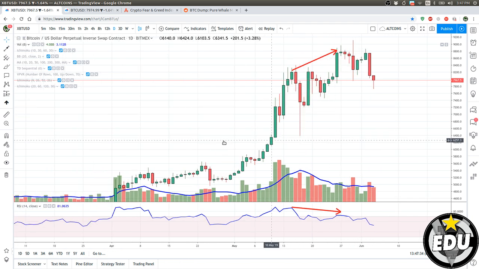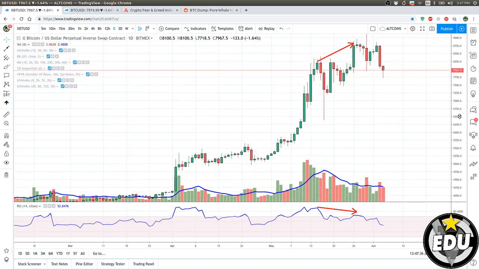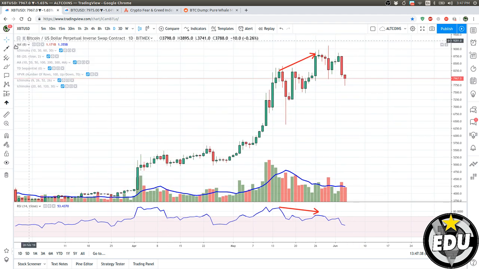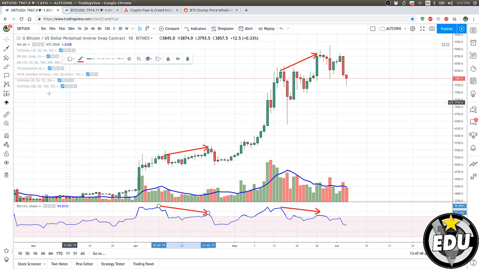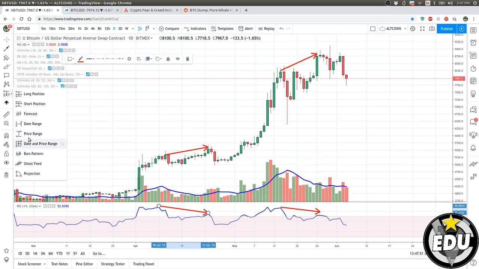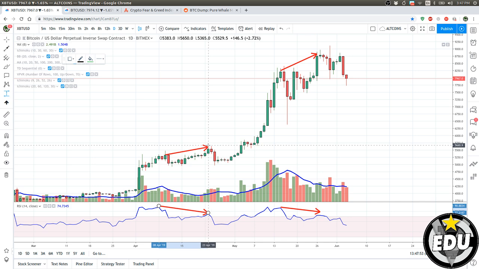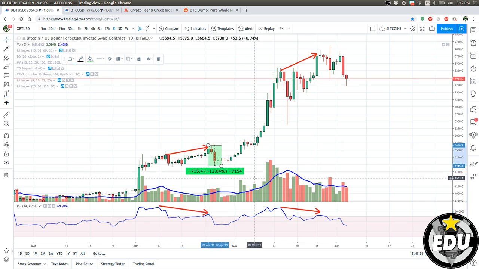Divergences previously didn't really do anything to the price, to be honest. So that's another thing we have to count, and that's why it's so hard to trade Bitcoin with the divergences, because here it actually dropped, about 12%. That's a lot.